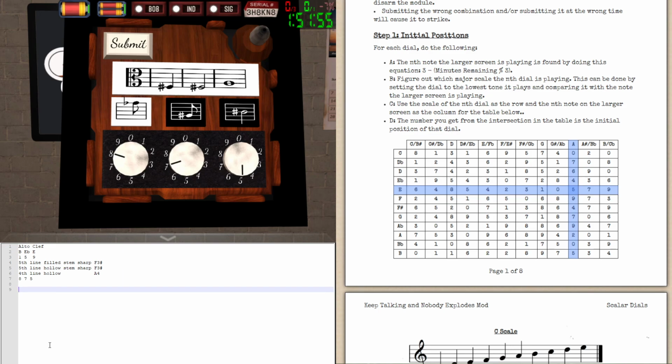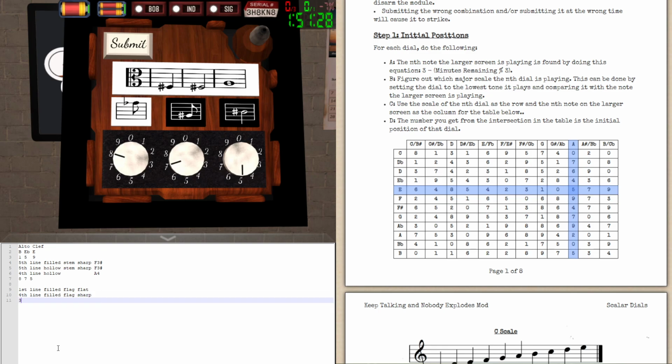So for the first one, it's going to be first line, filled flag, and this is a flag. Then we have fourth line, filled flag, sharp.